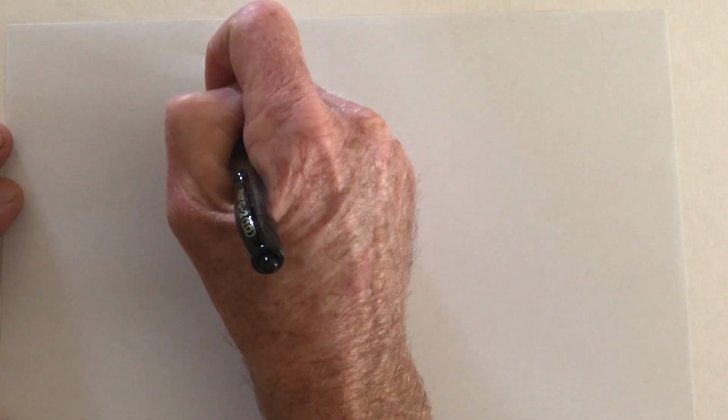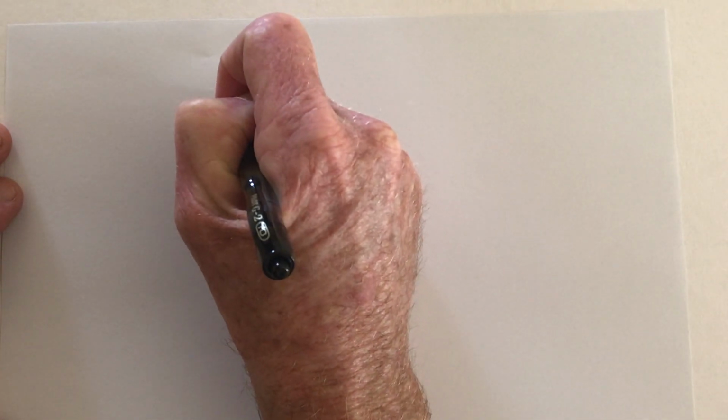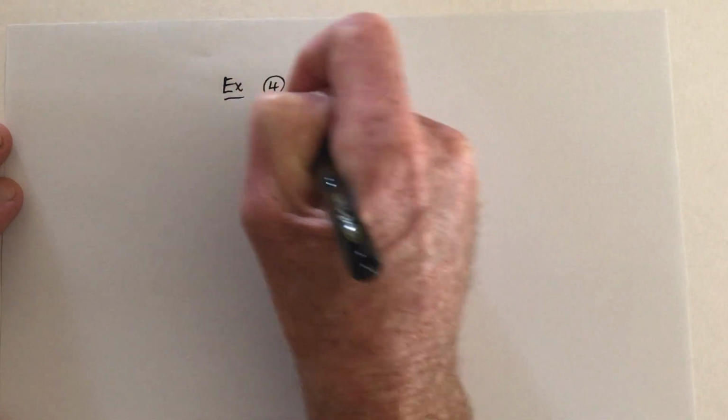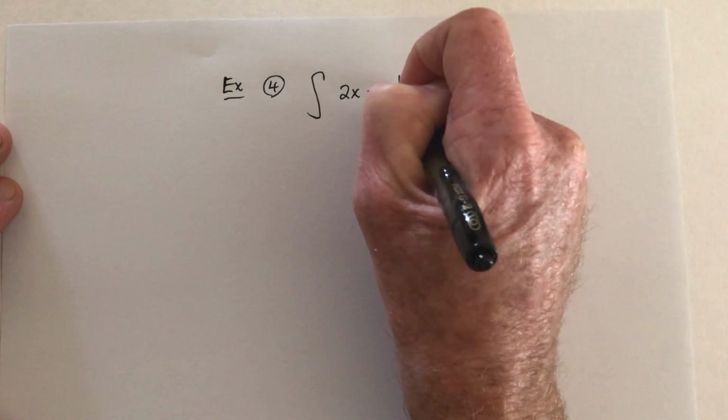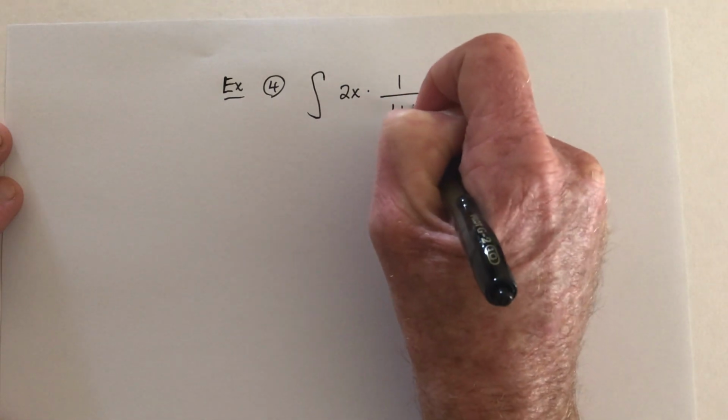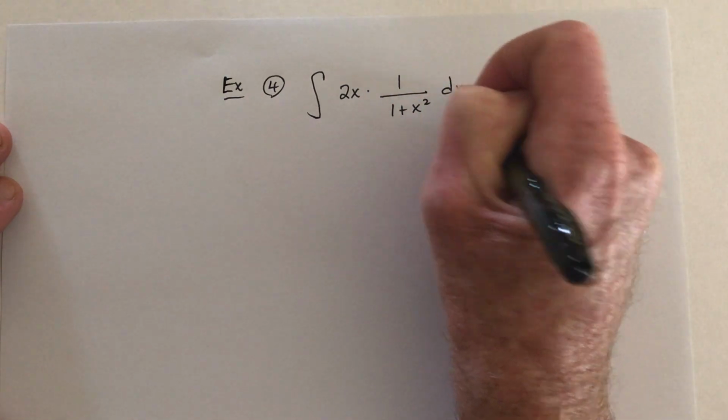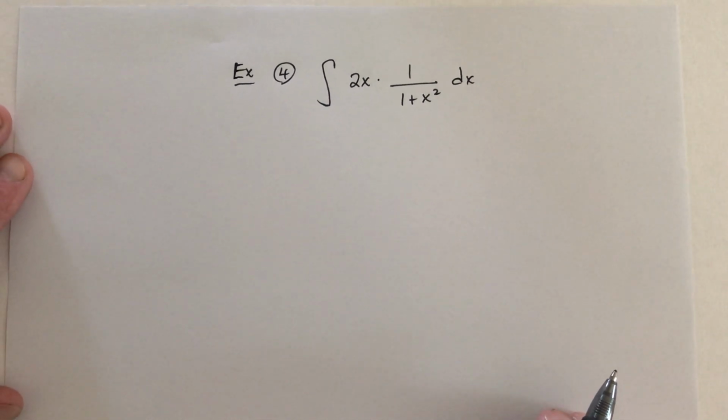And then for the next example, let's see, this must be number 4 already. What if it's the integral of 2x times 1 over 1 plus x squared?